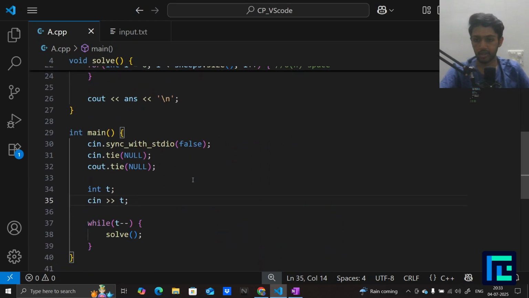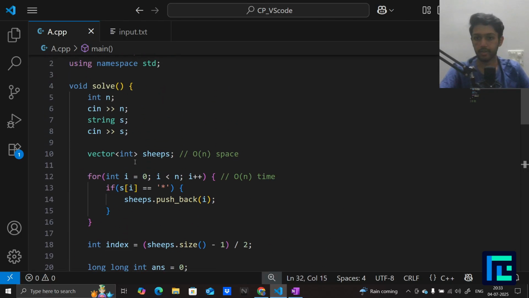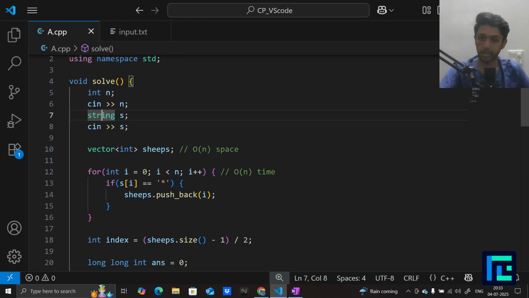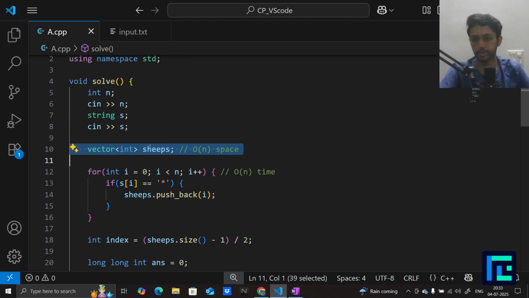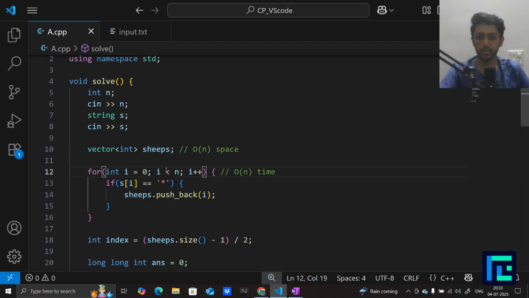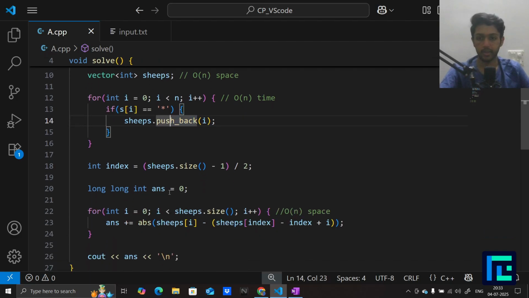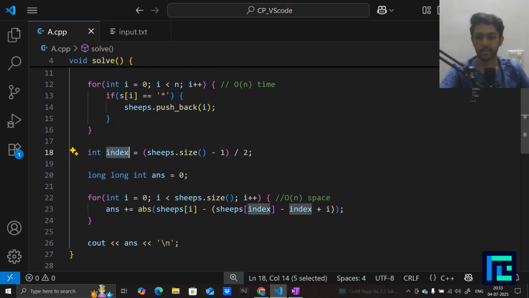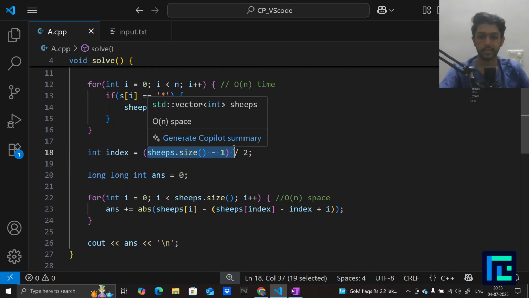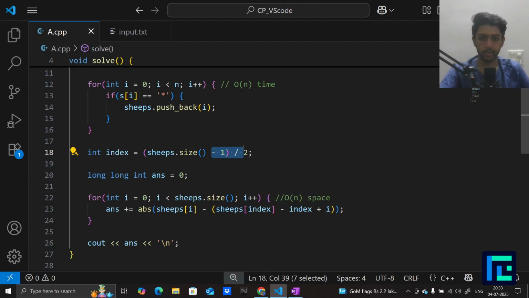As you can see, in my main function I just have fast input output and the test cases, and in my solve function I am just taking the string, and I have this vector of int called sheeps which takes the positions, and for int i equal to 0, i less than n, i plus plus, if s of i equals star, so if there's a sheep at that index, I am pushing back that index in my sheeps array. Okay, and then I am checking the middle index, so n by 2 essentially, right? n minus 1 by 2, because it is 0 indexing.